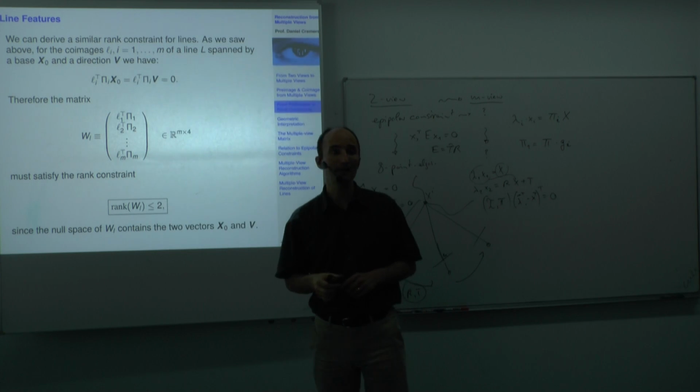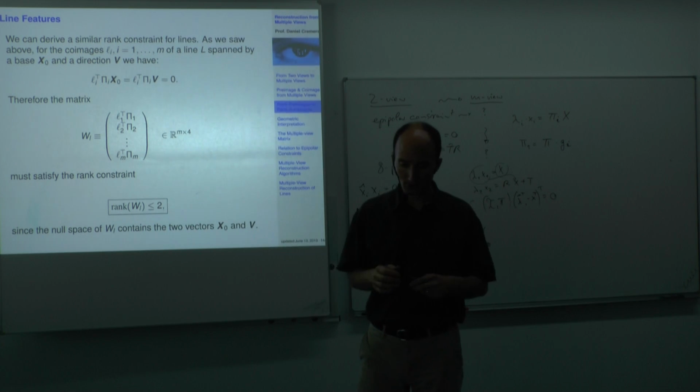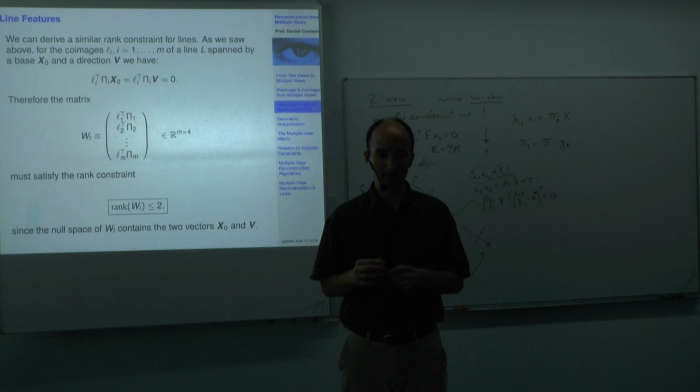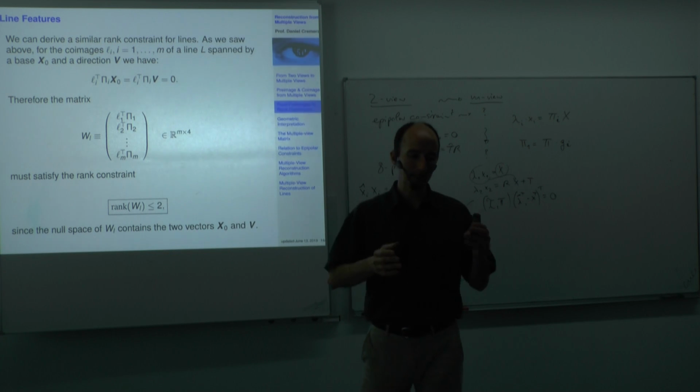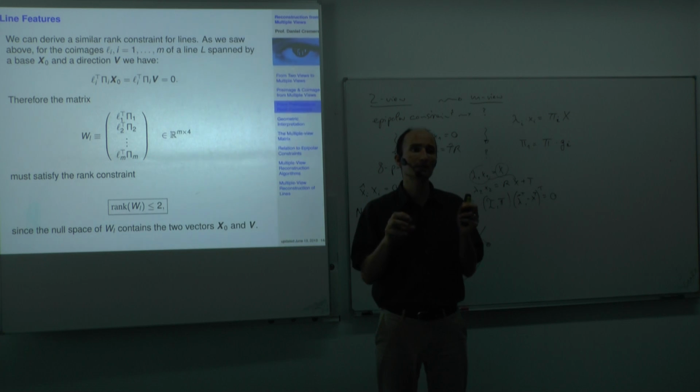We can do the same approach for lines. The reason why we do that is that for lines, interestingly, if you consider observing a 3D line in multiple images, observing it in 2 images is not very informative, in the sense that there always exists a pre-image.